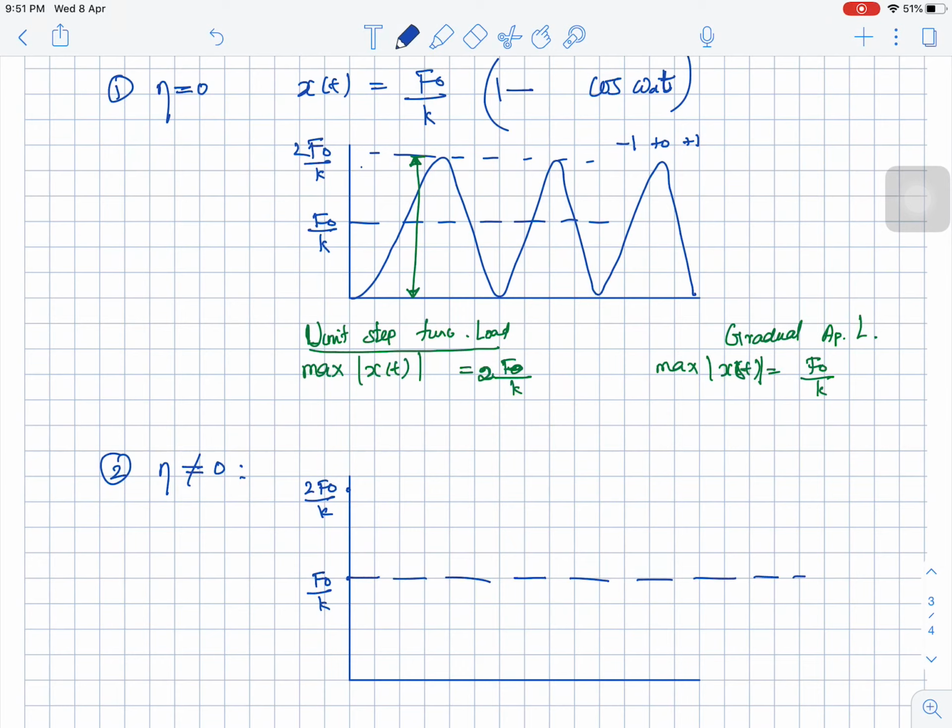This is the line f naught by k. So what happens, we will get a profile like this. So here also we will get a profile.